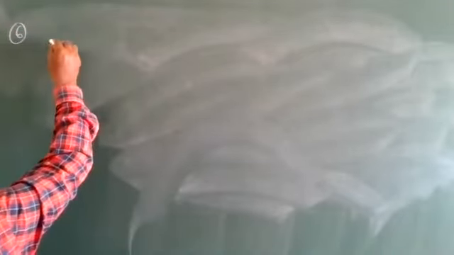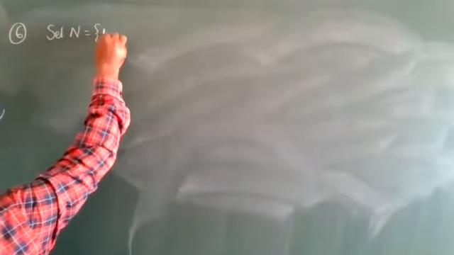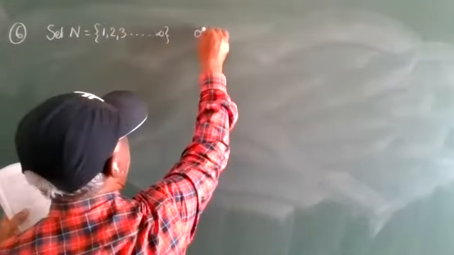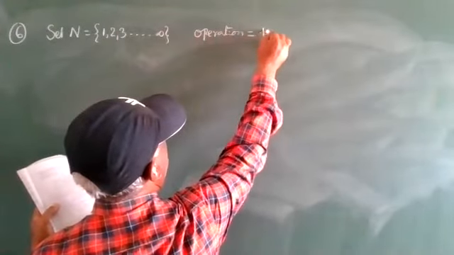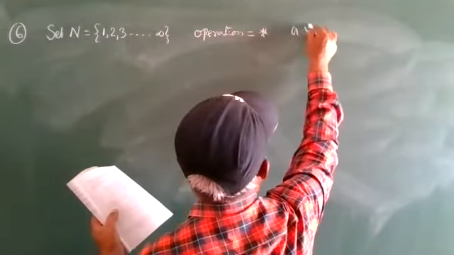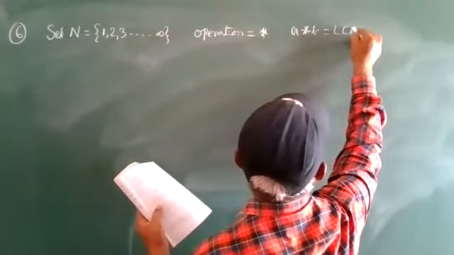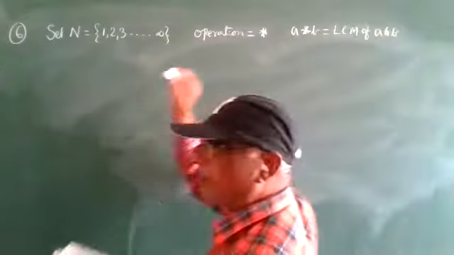Star is defined on the set of natural numbers, that is 1, 2, 3 up to infinity. The operation star is defined by A star B equals the LCM of A and B.